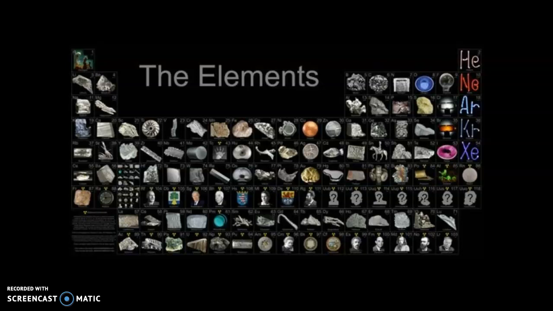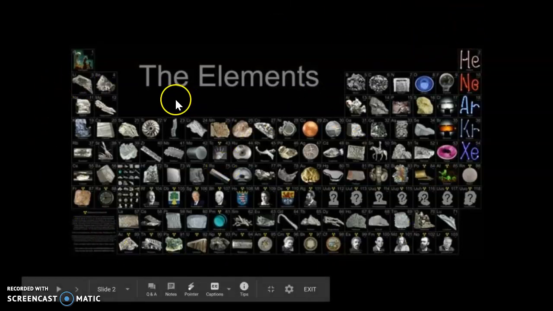So here's a cool image that I like because it gives us the context of where we would commonly see a lot of the elements. And it gives us an ability to start to get a feel for some of those themes and patterns in the table. You can see most of the table is metals.